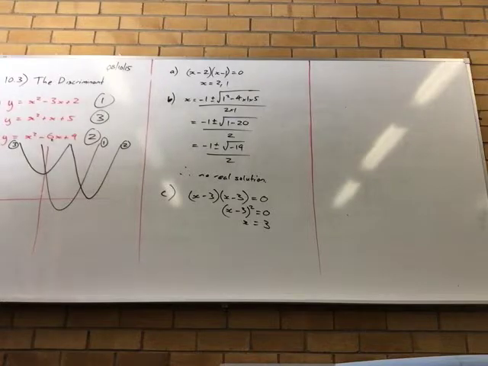The number of roots. What part of this topic influences the number of roots? The discriminant. Which is what? b squared take away 4ac. So we have to look at what's happening under that square root in the quadratic formula.